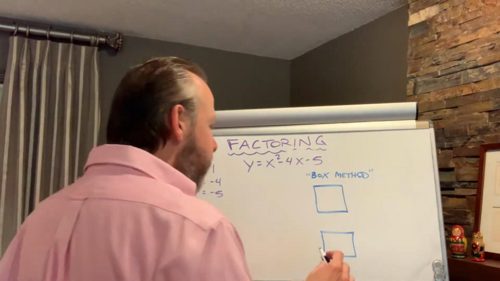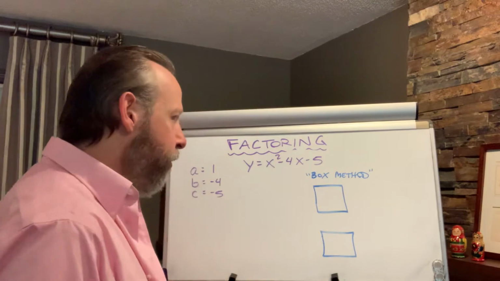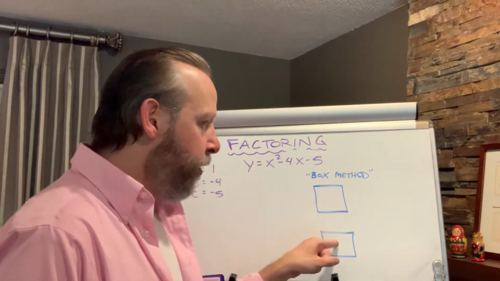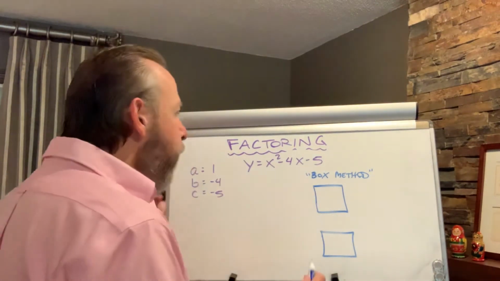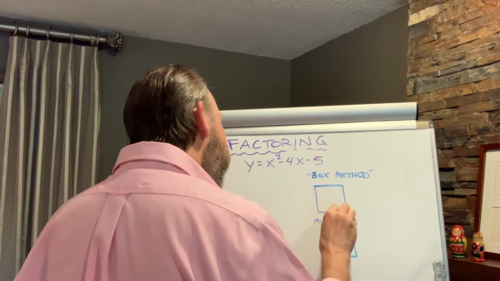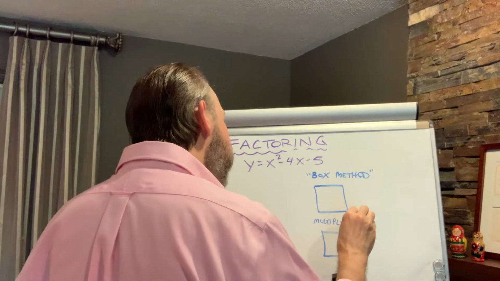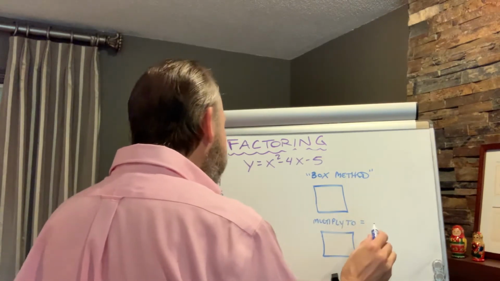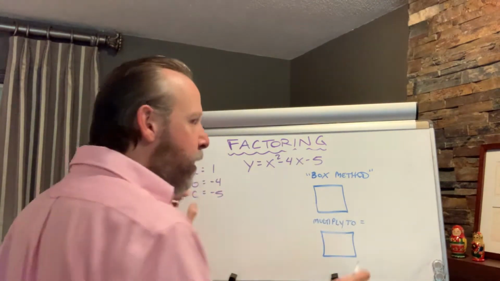Now, here's the box method. I'm looking for two numbers, one that goes in this box and one that goes in that box. Those two numbers have to multiply to equal whatever the C term is.